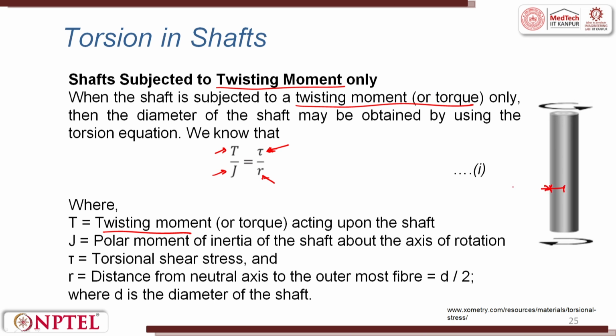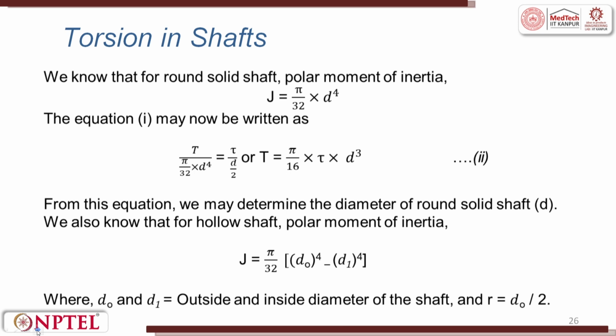So if I see this diagram, this is my R, which is D by 2, that is half of the diameter, this is D. So R is equal to D by 2, where D is the diameter of the shaft. Taking this, we know that for a solid shaft, the polar moment of inertia J is equal to pi by 32 into d power 4.